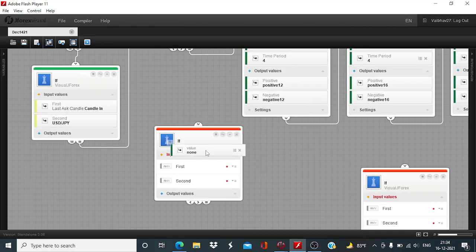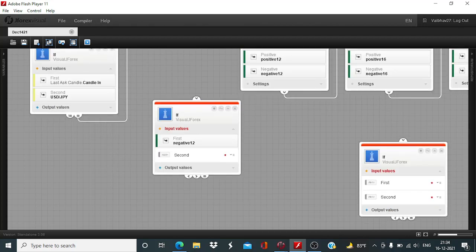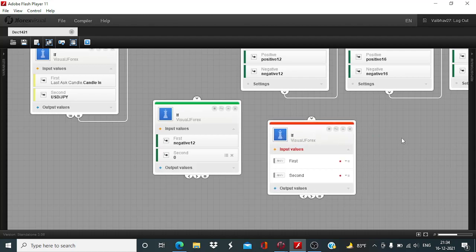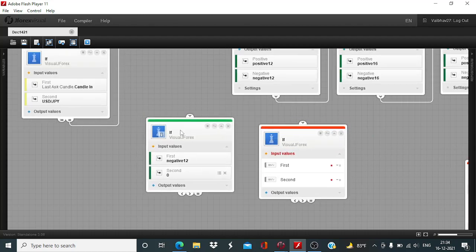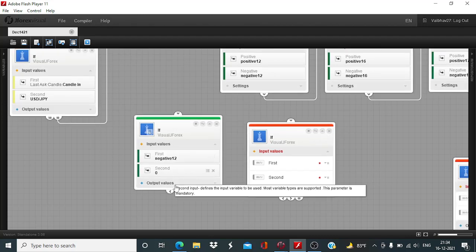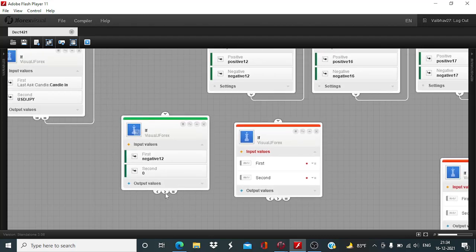Okay, so output of the negative 12 will need to be greater than 0, as we are only concerned with the absolute value. So the negative output in terms of absolute number, it should be greater than 0. First input greater than second input.